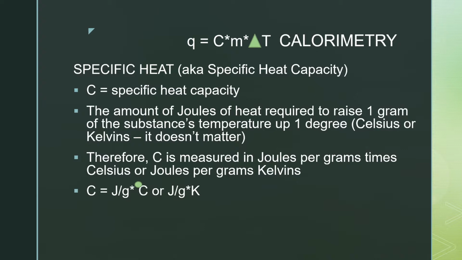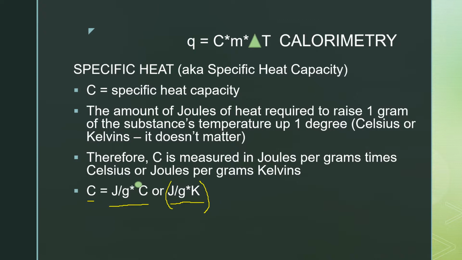So as you can see at the bottom here, that's joules with a divisor bar and grams times Celsius, or joules with the divisor bar and grams times K for kelvins. So that's the unit of measurement that you're going to give the specific heat capacity in.